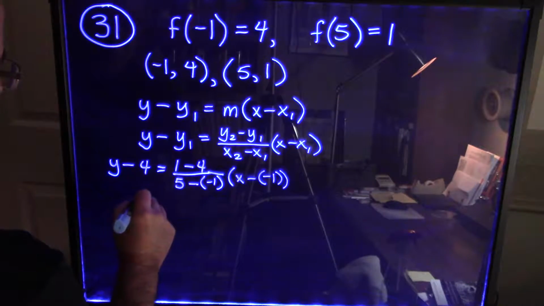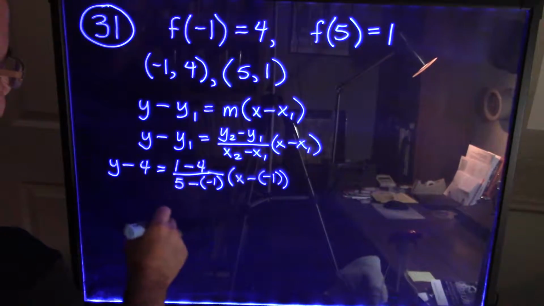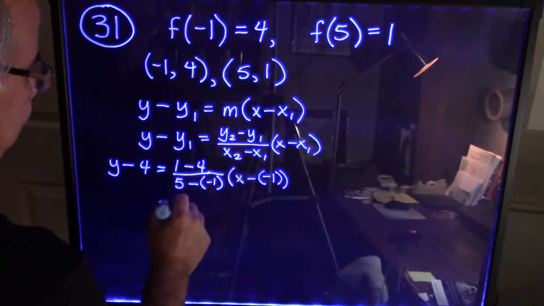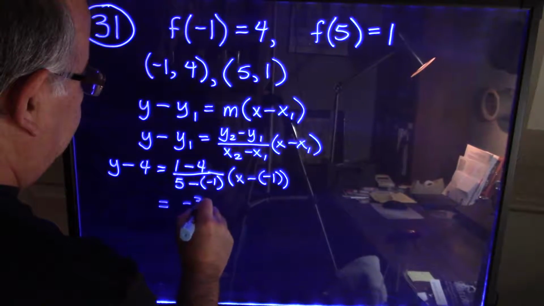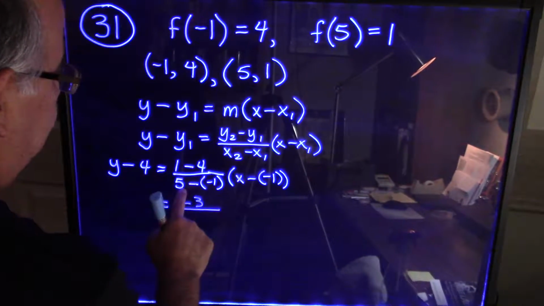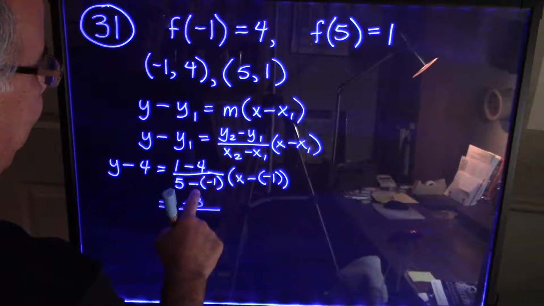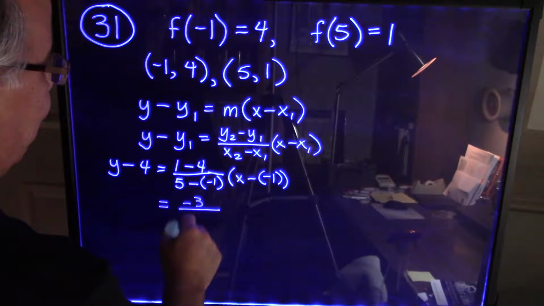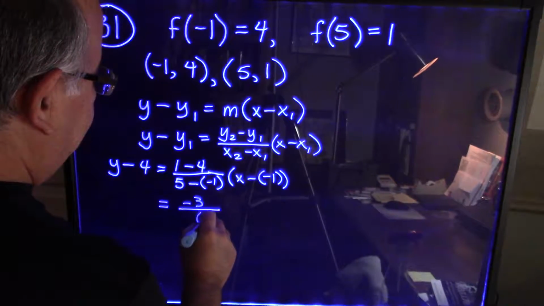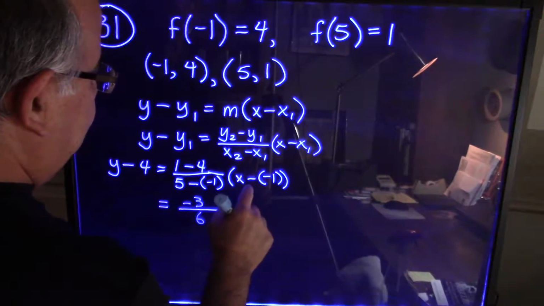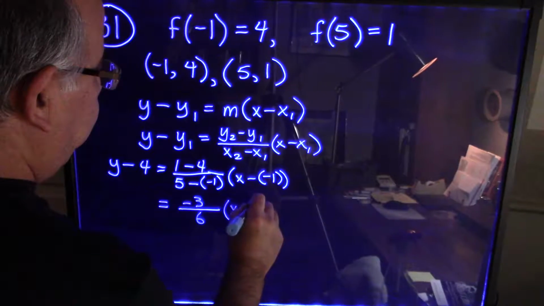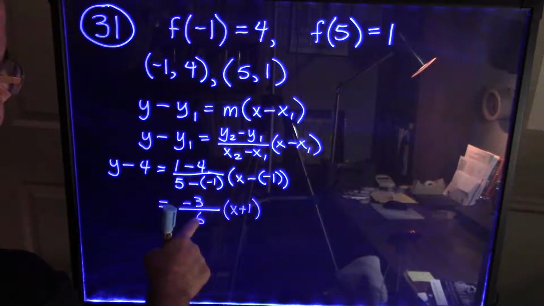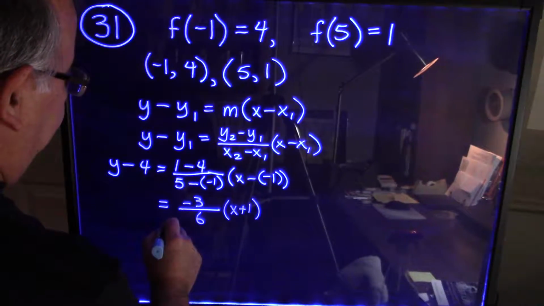Alright, so there we go. I'll deal with this minus 4 later. Let me do this part first. 1 minus 4 is negative 3. This becomes 5 plus 1. Minus a negative is plus. So 5 plus 1 is 6. And then you've got x minus a negative 1 is x plus 1. Okay. This, of course, is negative 1/2.